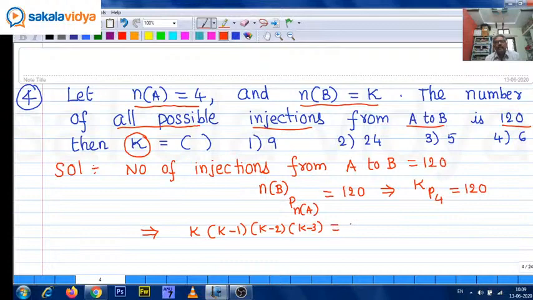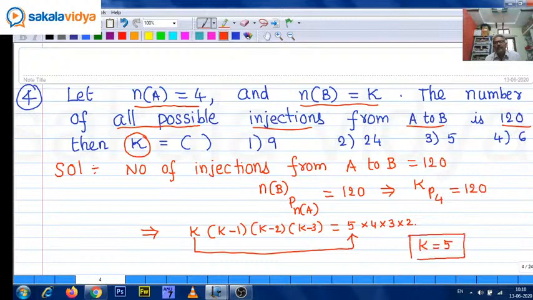We can write 120 as 5 into 4 into 3 into 2 into 1; up to 2 we can write, no problem. Now equating this, k equals 5, or k minus 1 is equal to 4. Therefore k equals 5. So this is the answer.